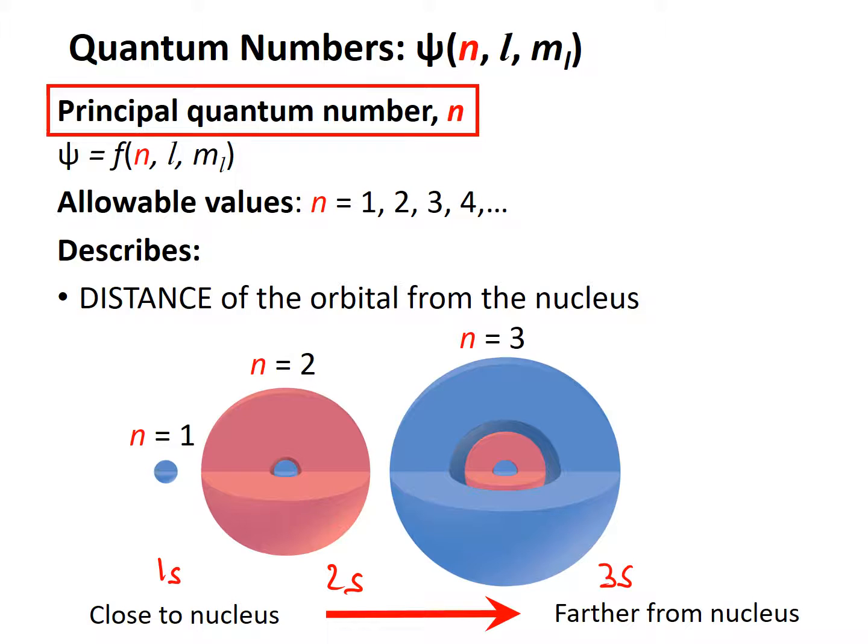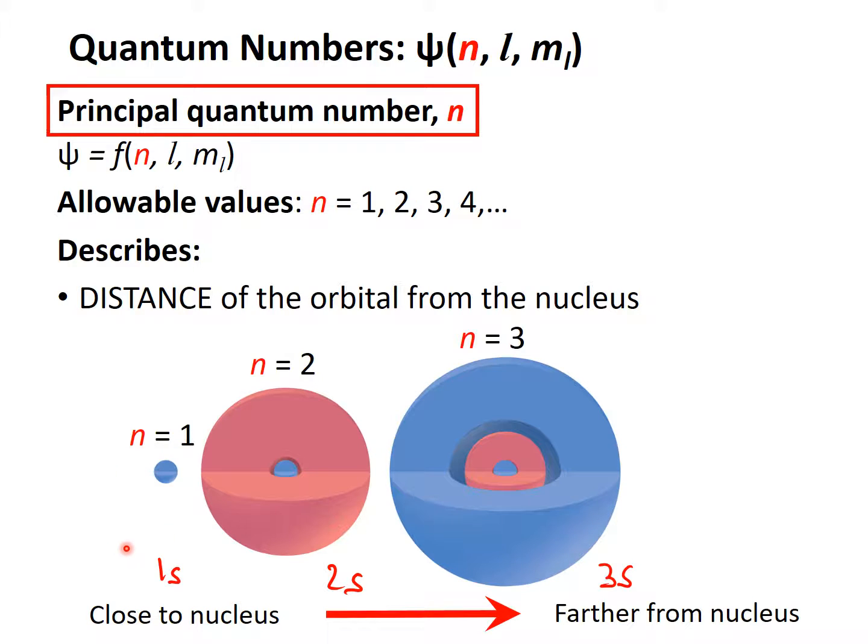The first quantum number we will look at in the wave equation is n, also known as the principal quantum number. N must be a whole number, and allowed values for n range from 1, 2, 3, 4, and so on. The principal quantum number describes the distance of the orbital from the nucleus. Below we have figures for three orbitals for n equals 1, n equals 2, and n equals 3.